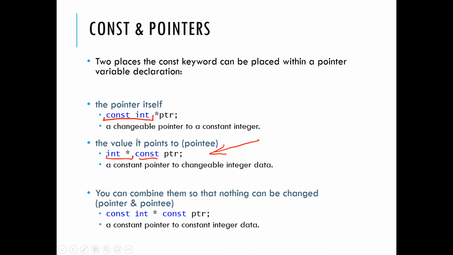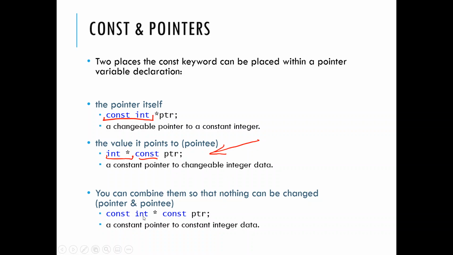I want to see it in code just in case I inverted them. So I have a constant, I have an integer, and it's a pointer. So it means I can change the pointer, but it's a pointer to a constant integer. In the other case, the pointer itself is constant. I cannot change it around.